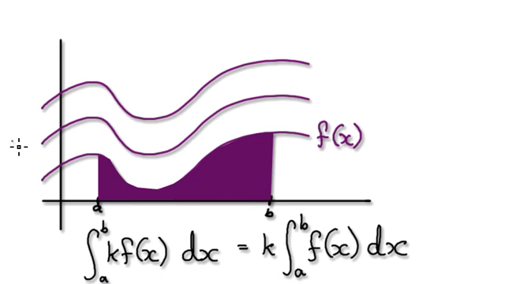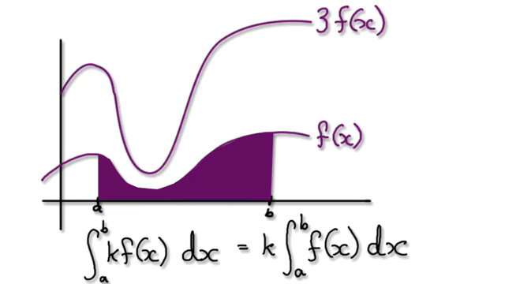Because what's happening here is not adding by a factor of k. Everything is not being added by a factor of k. This here is not the same as this. You should visualize k f of x to be something like this.